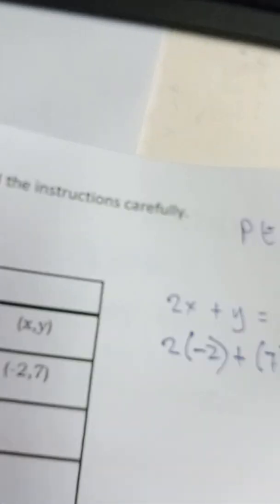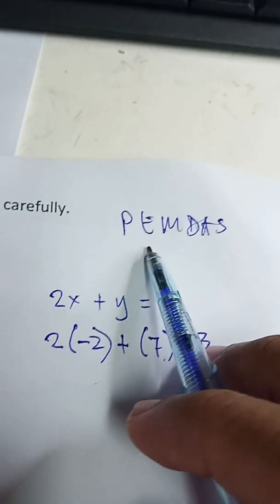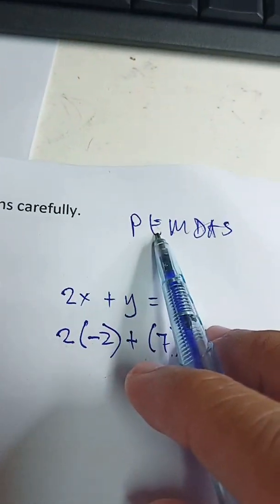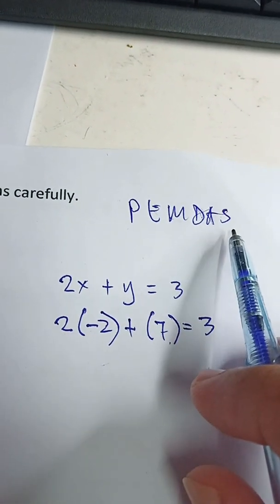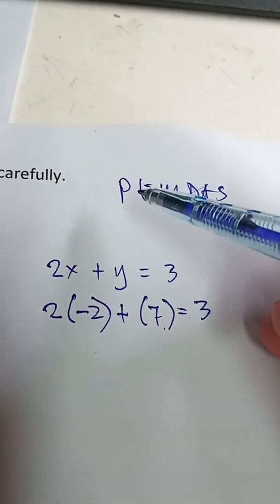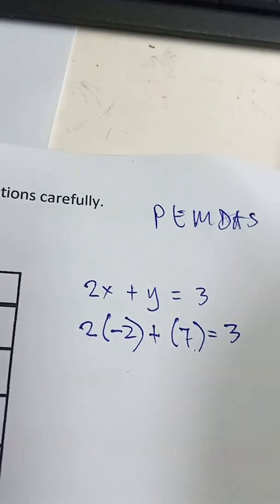So yun, di ba? We do not know kung ano yung uunahin natin. So using the PEMDAS, so P stands for parentheses, E for exponent, multiplication, division, addition, and subtraction. Alright? So let's start with P since siya naman yung nauna sa abbreviation.